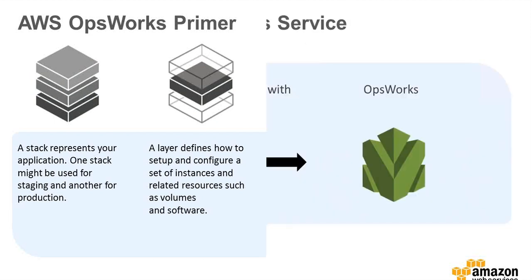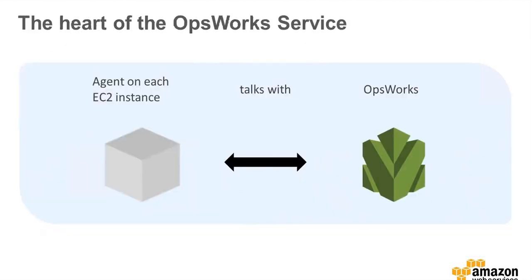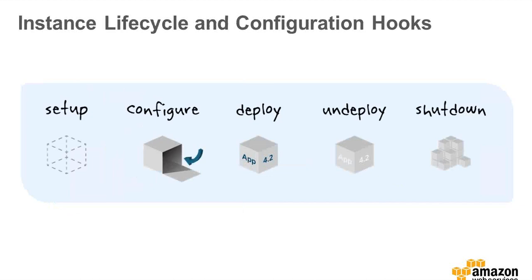spending money unnecessarily. So at the heart of the OpsWorks service is fundamentally the service itself and a very small agent running inside the EC2 instance, inside the virtual machine, that is essentially Chef Solo running on that particular instance. And it talks to the OpsWorks service. They communicate between each other at various steps.